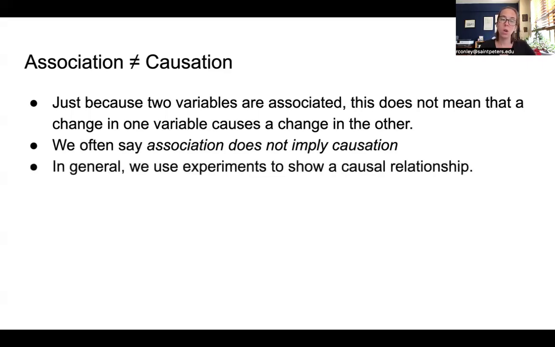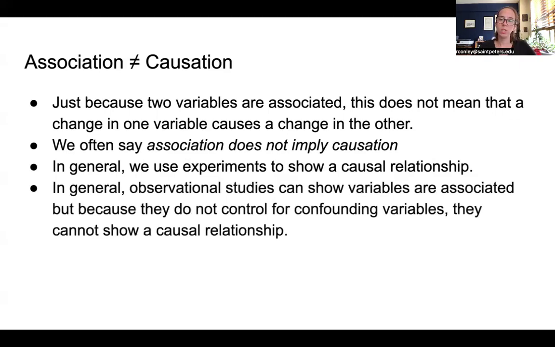In general, we use experiments to show a causal relationship. And in general, we cannot use observational studies to show causal relationships. We can use observational studies to show that variables are associated, but we can't use them for that causal relationship because observational studies do not control for confounding variables.